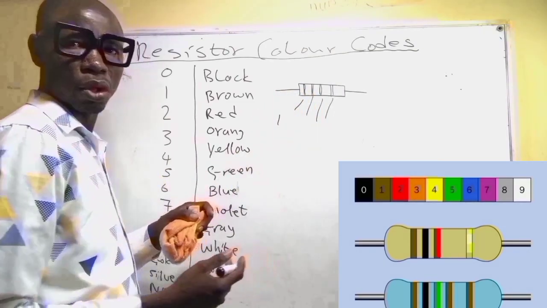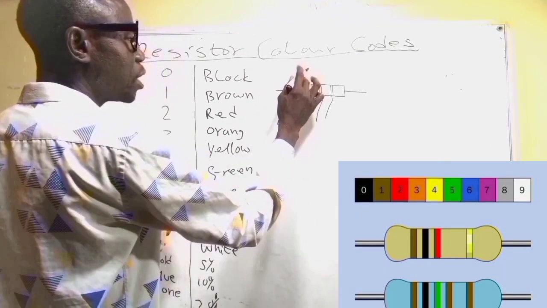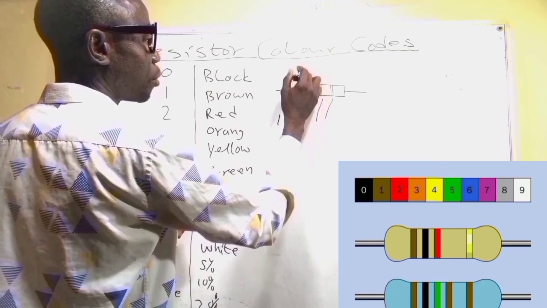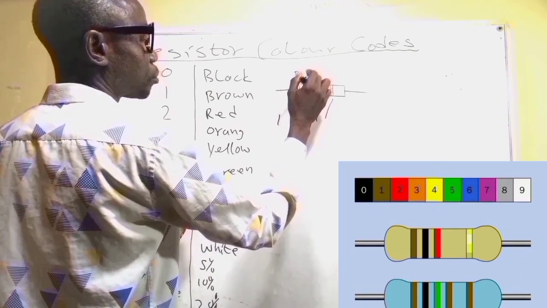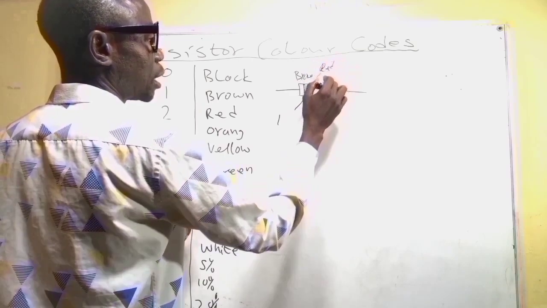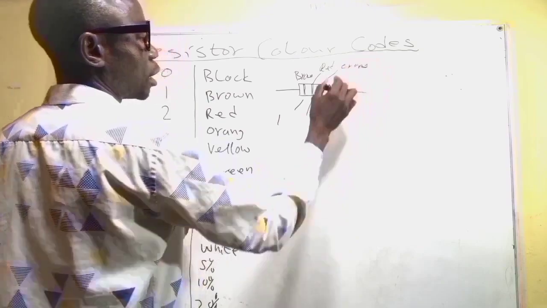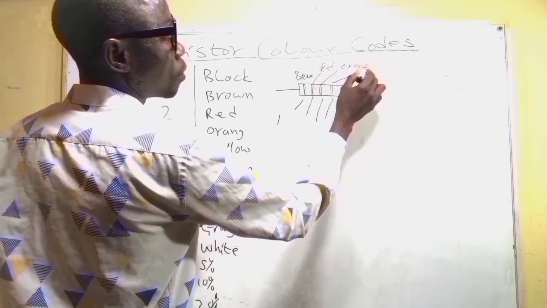Then you skip to the next band and then to the third band. So maybe if the first band is brown, this one is red, the third one is orange, and the fourth one is silver.